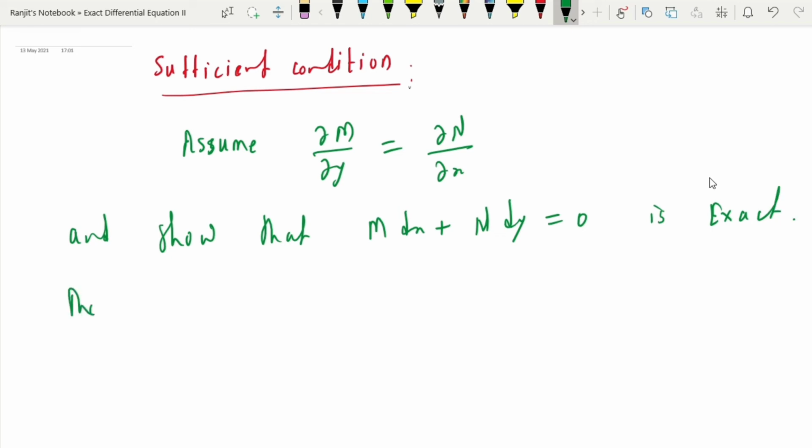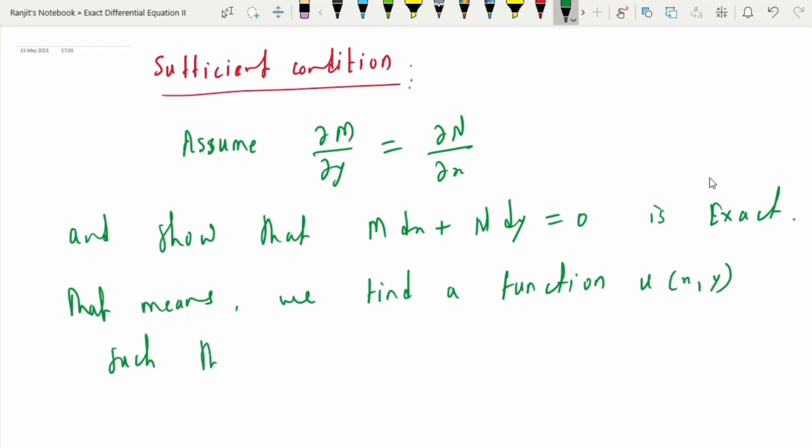That means we find a function u of x,y such that this M dx plus N dy is equal to the differential of u.